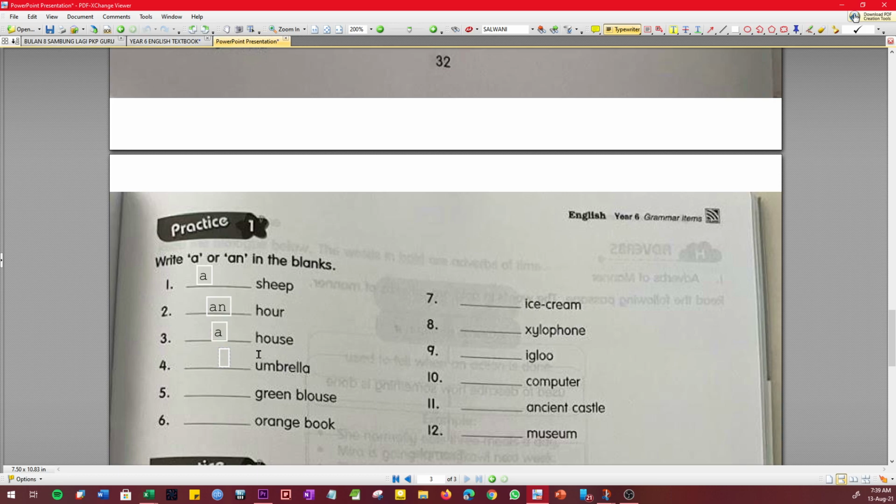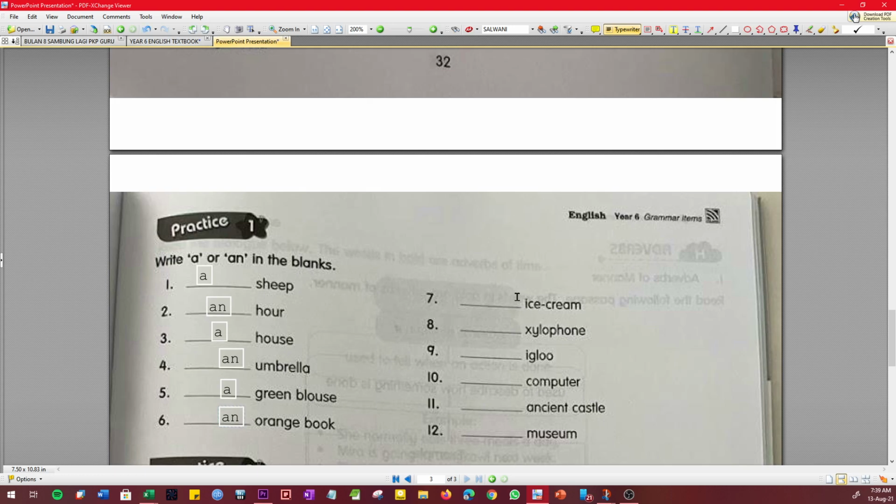Umbrella. Does it sound like Y? No. It sounds like A. Umbrella. So it would be an. Green blouse. So, a green blouse. Orange book.